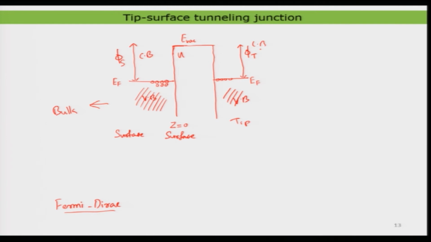But now we know that since electrons are nothing but quantum mechanical particles defined by a wave function, there is a certain probability for the electrons present in the surface to be present in the tip, and the electrons in the tip to be present in the surface.